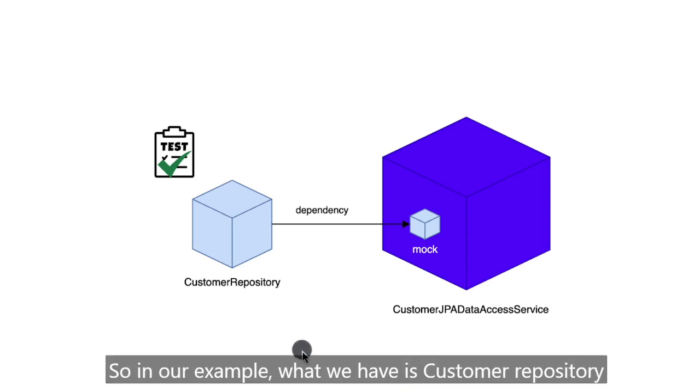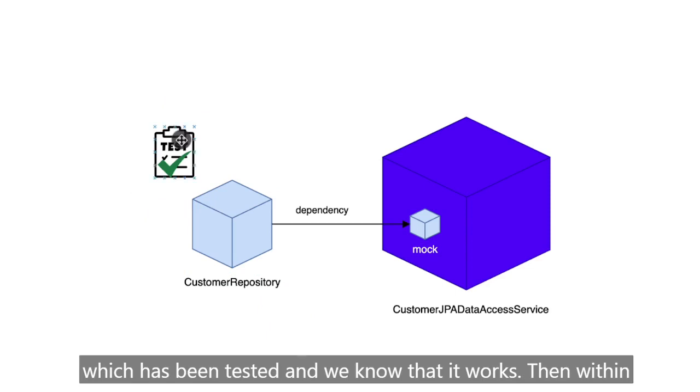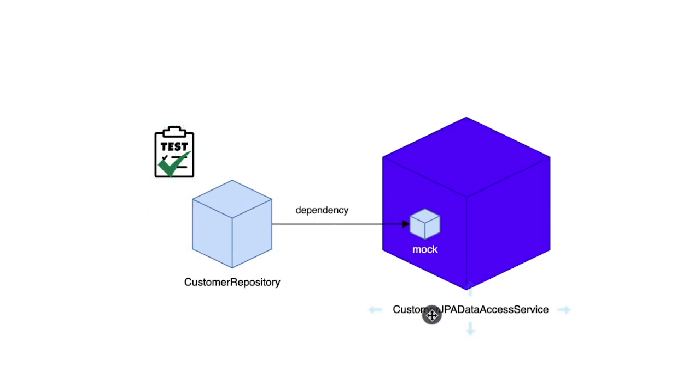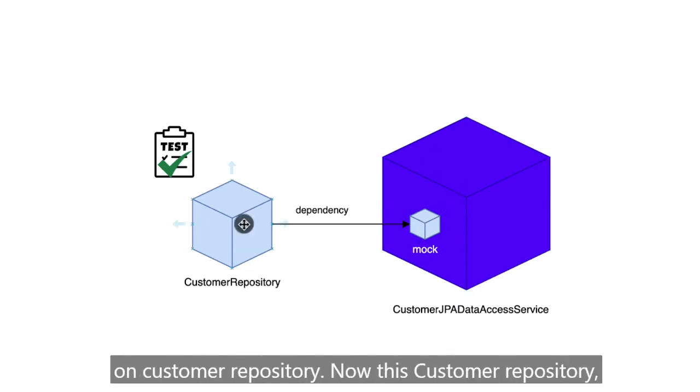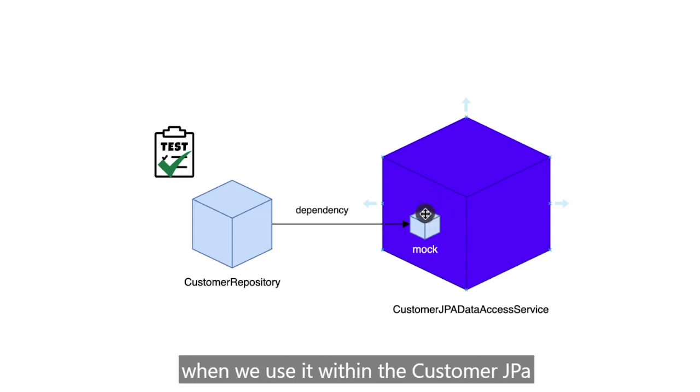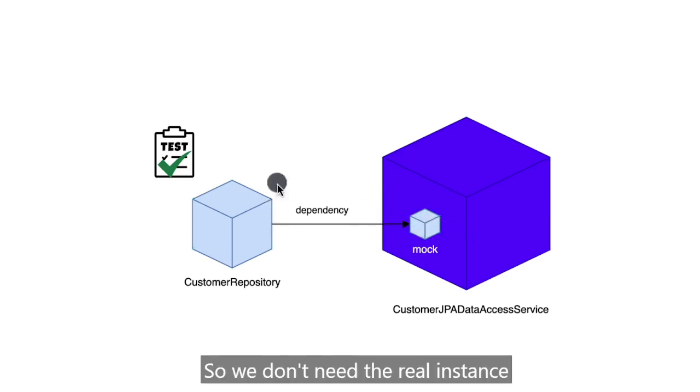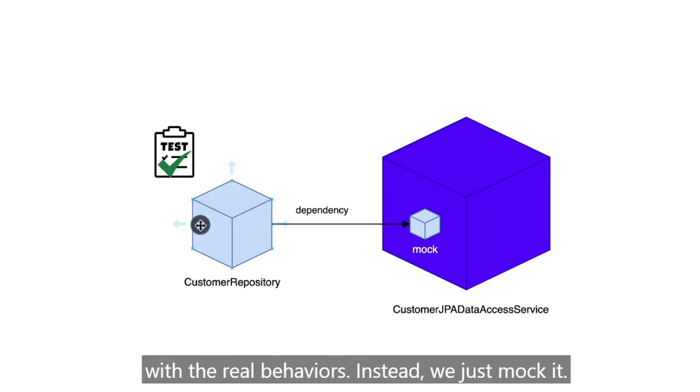So in our example, we have customer repository, which has been tested, and we know that it works. Then within customer JPA data access service, we have a dependency on customer repository. Now, this customer repository, when we use it within the customer JPA data access service, is going to be a mock. So we don't need the real instance with the real behaviors. Instead, we just mock it.